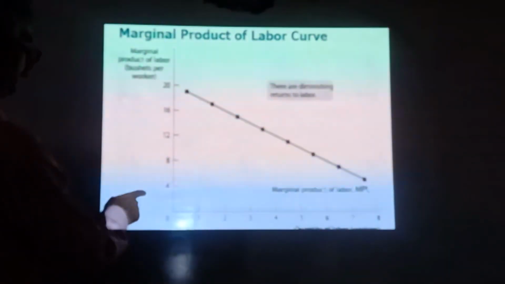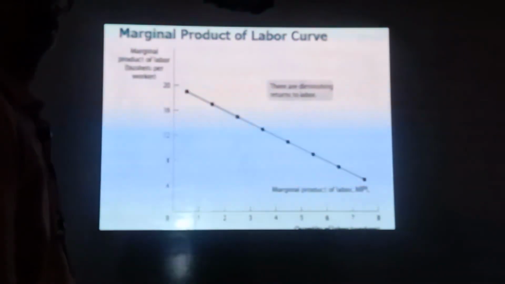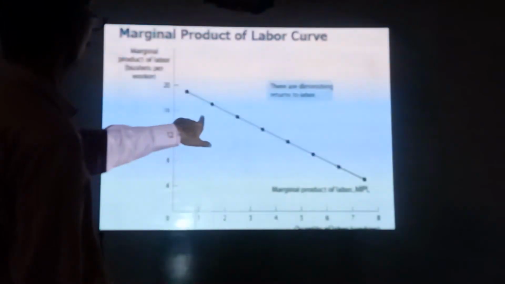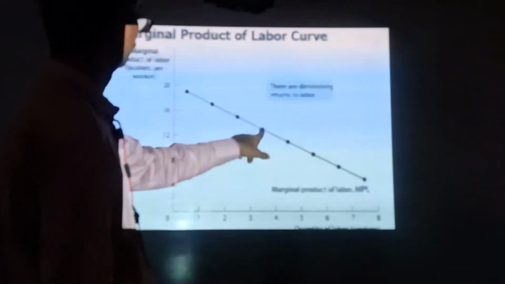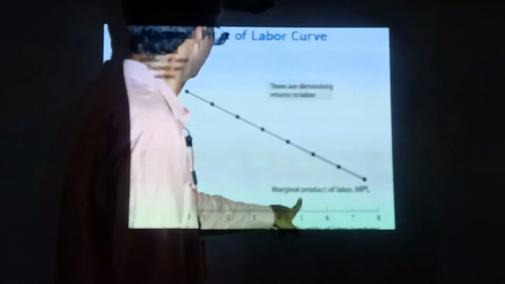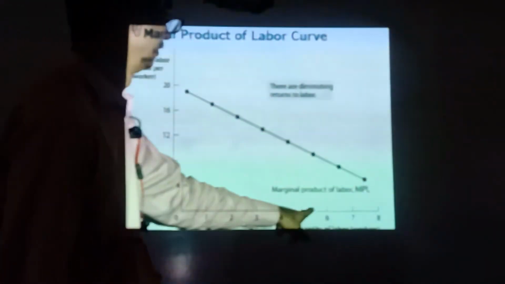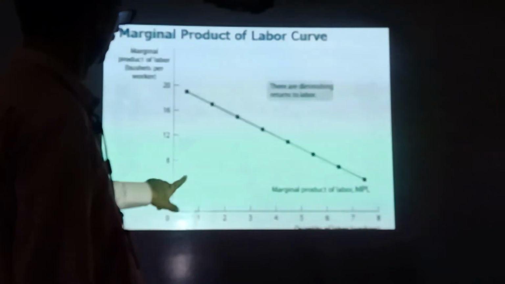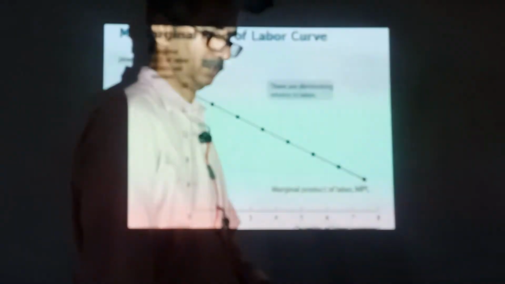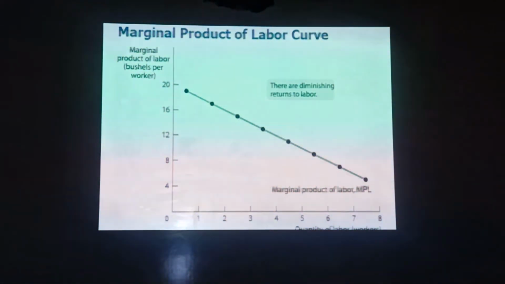The first laborer produced, suppose, 17 or 18. The second one produced 15 or 14. The third one produced 13. The fourth one produced 12. The fifth one produced, just suppose, 11 or 12. The sixth one produced 8. The seventh one produced, just suppose, 7 or 6. And so on. It means the more labor you add, the less output you are getting. So this kind of output is called diminishing marginal return.